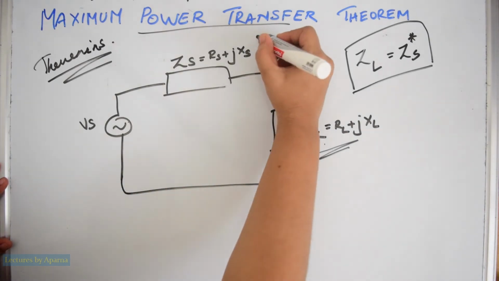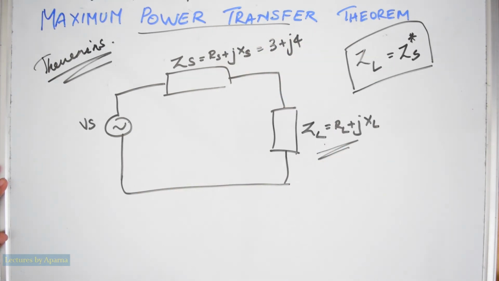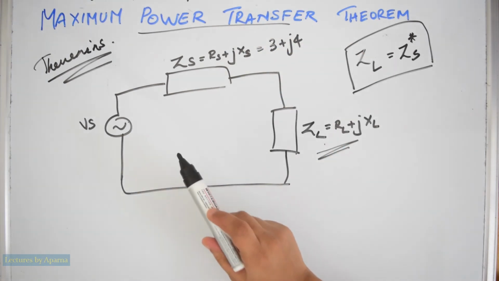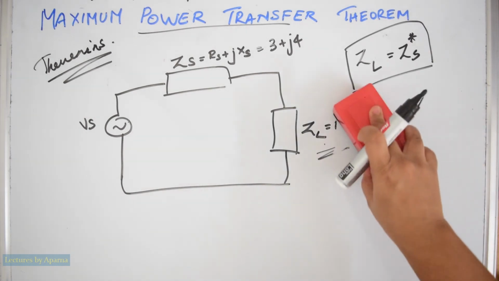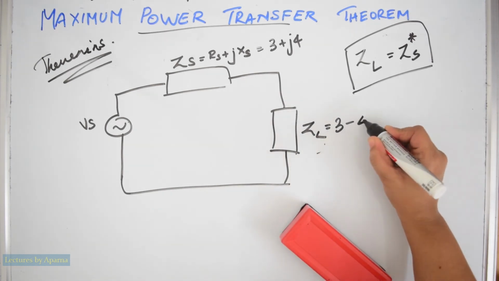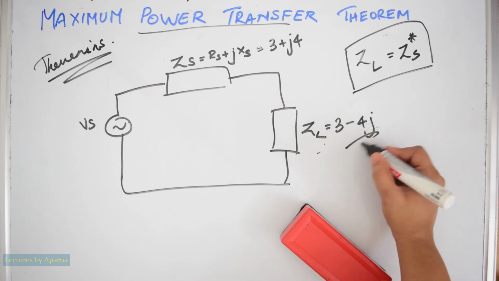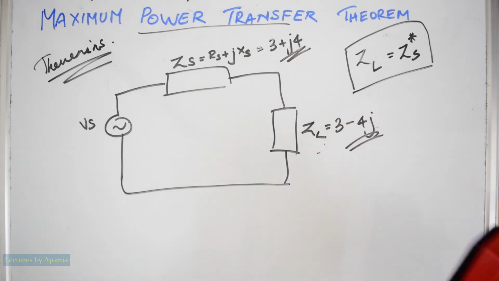So suppose Zs is 3 plus j4. This circuit will have maximum power when ZL is equal to 3 minus j4, the conjugate of this. In that condition, this circuit will have maximum power.